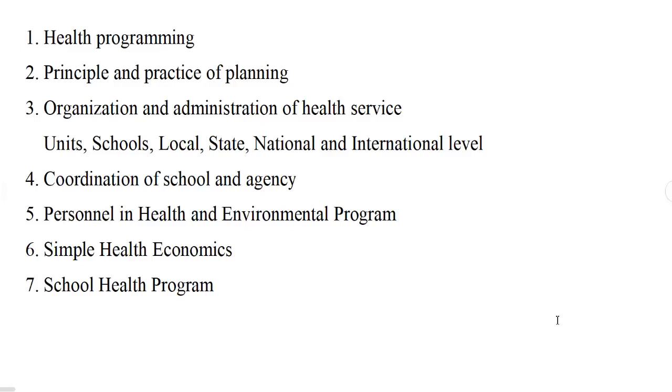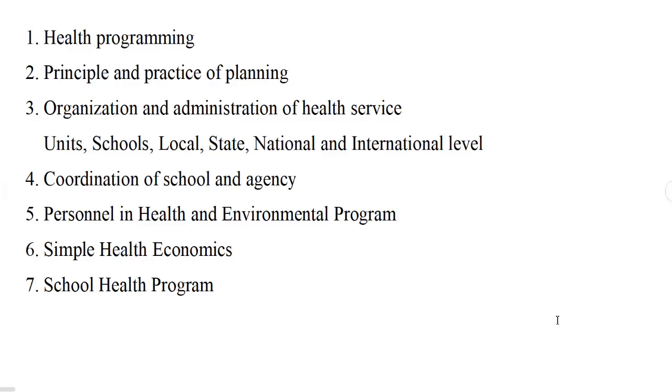So as far as this course is concerned, we will consider health programming. We look at the principles and practice of planning, organization and administration of health service at different levels, such as the unit, school, local government, state, national, and at international level.